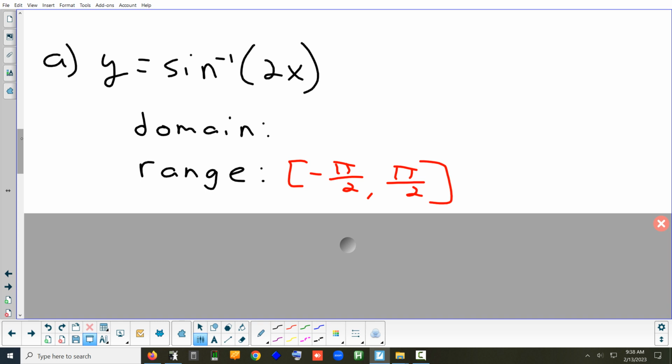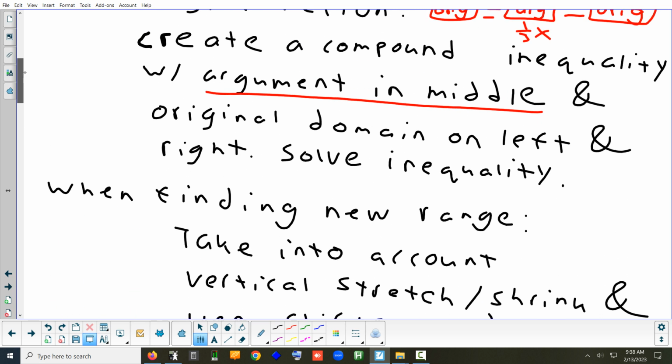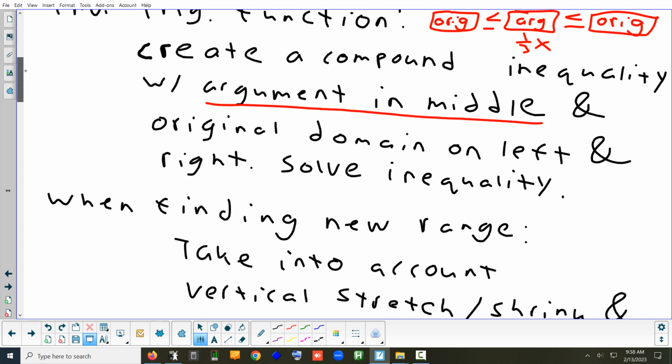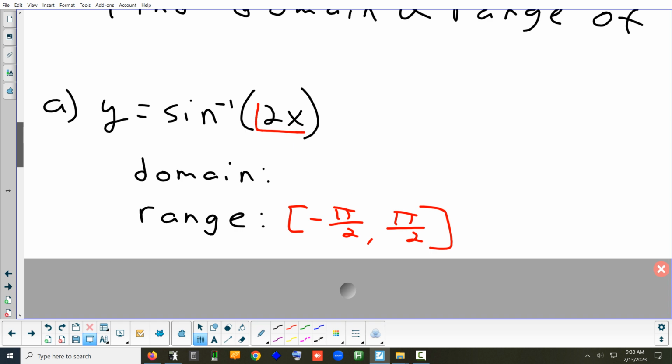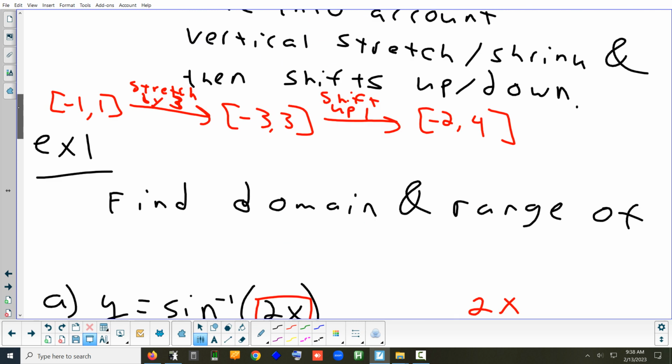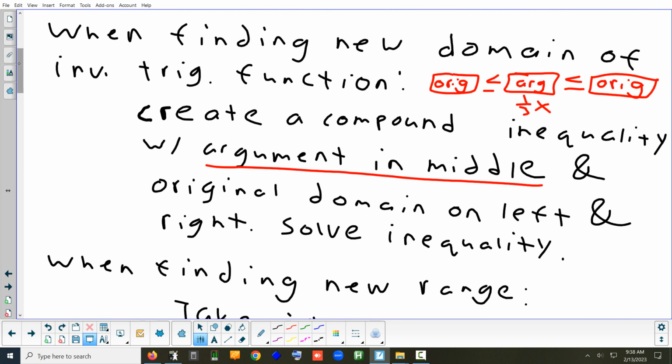And now to find the new domain, we're going to set up an inequality. It says put the argument in the middle. That's the argument, 2x. And then put the original domain on the left and on the right.